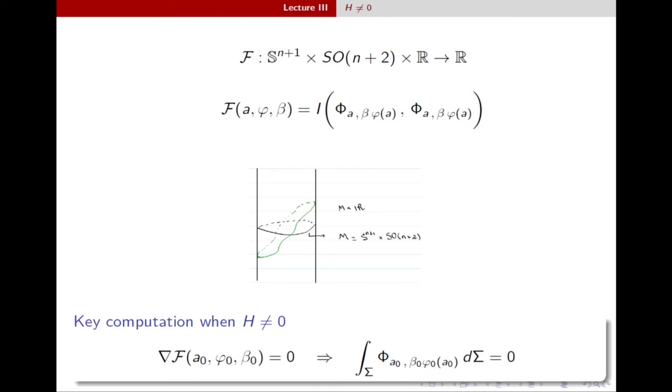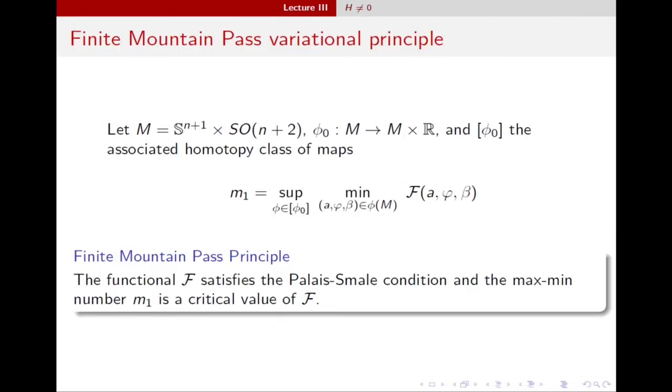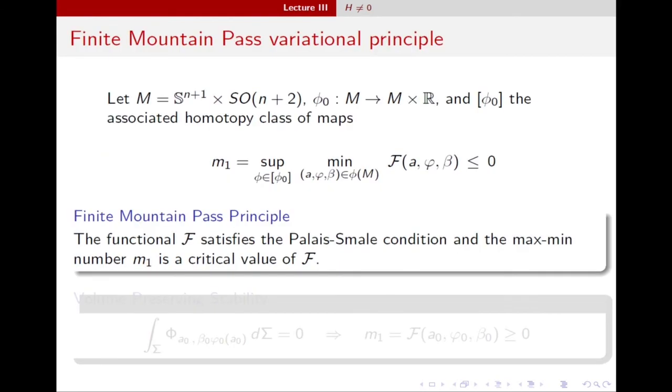And as beta goes from minus infinity to infinity, then you get a curve in this cylinder, and that curve always intersects this green hypersurface there. And so that explains why the infimum of this functional along any hypersurface homotopic to the standard horizontal slice is always negative. And so in particular the number M1 is well defined, for example, right?